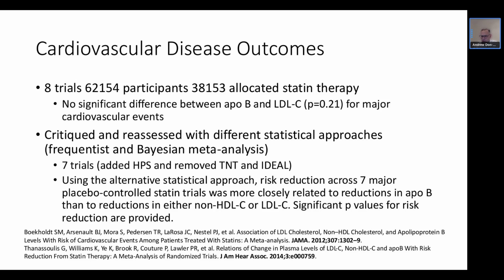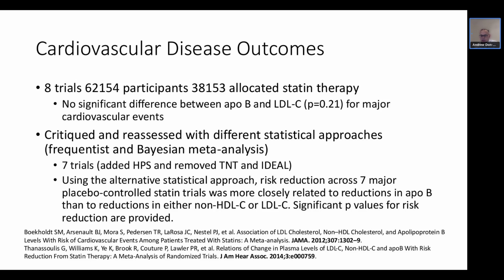This particular meta-analysis was critiqued by another group that decided to do a second meta-analysis using different statistical approaches, frequentist and Bayesian meta-analysis calculations. They included 7 trials, so they added HPS, which was a big trial, and removed TNT and IDEAL from the previous table that I've shown you. There's a lot of overlap in the trials they used, and these were all statin to placebo trials.